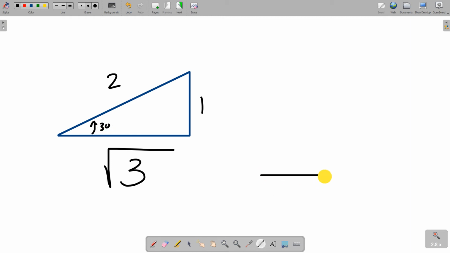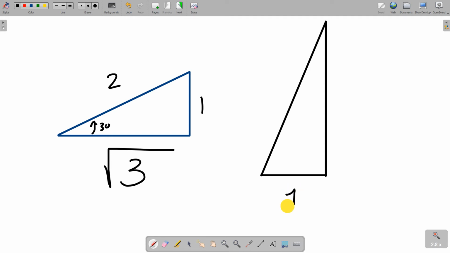Subsequently, drawing this right, tall triangle, very tall, has a very short base of 1, a very tall value of root 3, and a hypotenuse of 2. By the way, root 3 is about 1.7. That's how you know how to fit the sides: root 3 is 1.7, not quite 2, and 1 is much smaller. So that's how you understand this is the 60-degree triangle version versus the 30-degree triangle version.